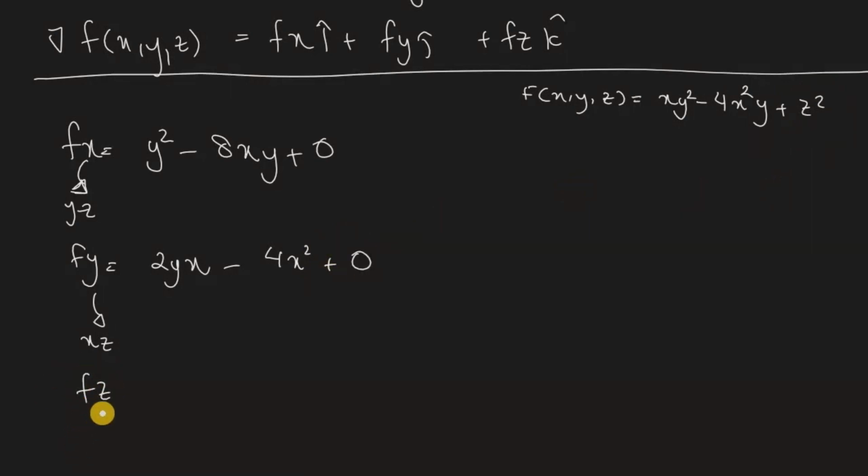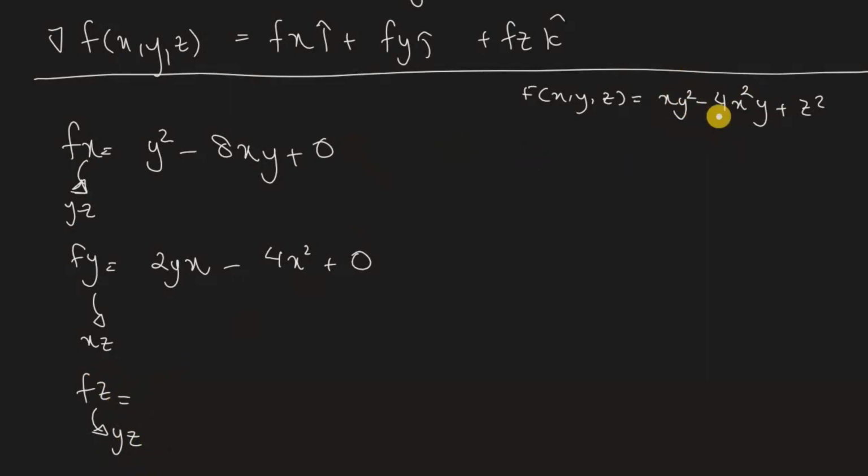And f of z. Okay, so let's continue with that. I'm sorry, I just got a phone call. Okay, so we're continuing over here. Y and z are constants over here, but we are differentiating with respect to z over here.